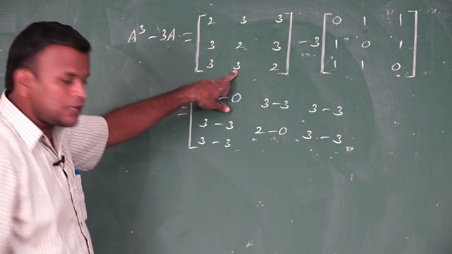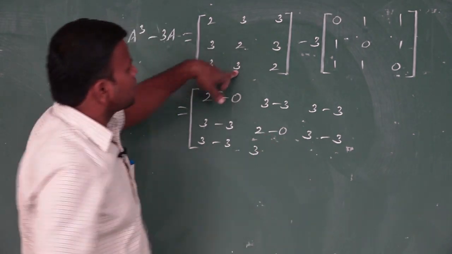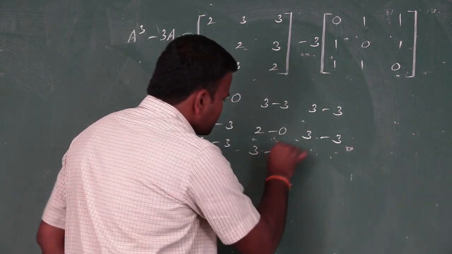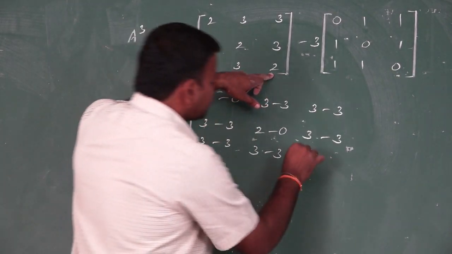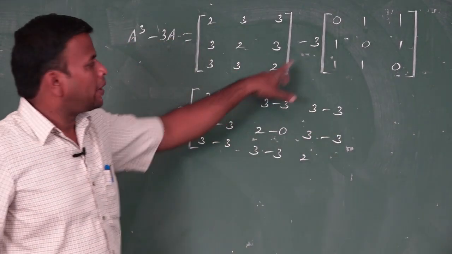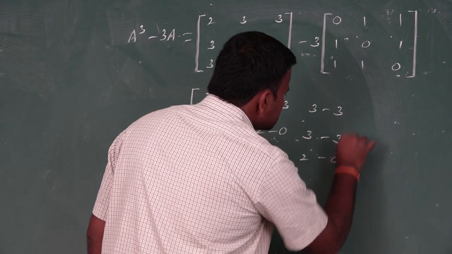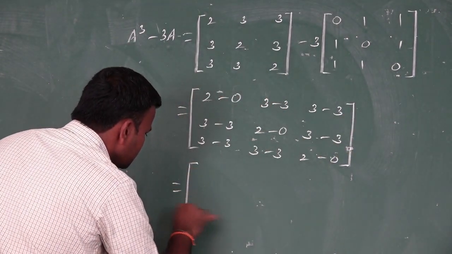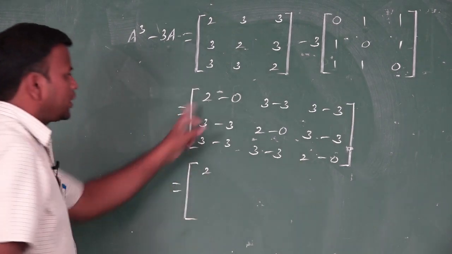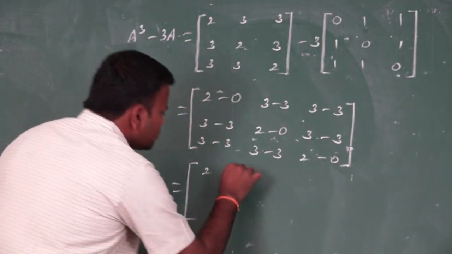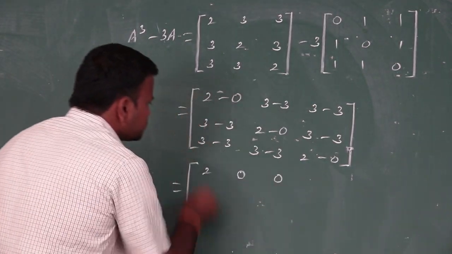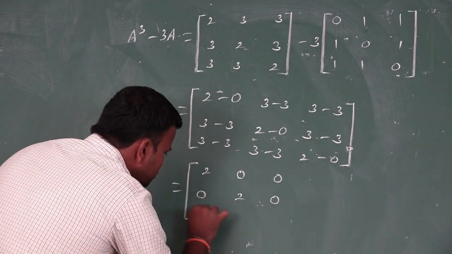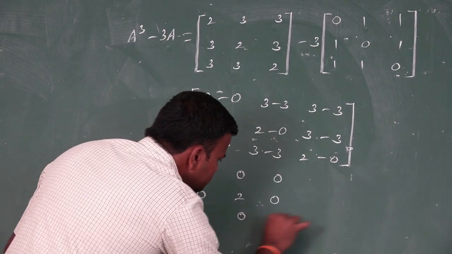Second element 3, minus 3 into 1 is minus 3. Then 2; minus 3 into 0 is minus 0 or plus 0. So 2 minus 0 is 2. The result is 2, 0, 0, 0, 2, 0, 0, 0, 2.